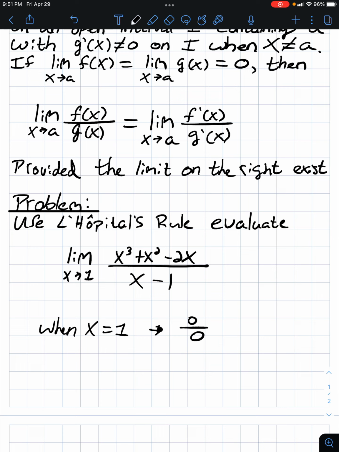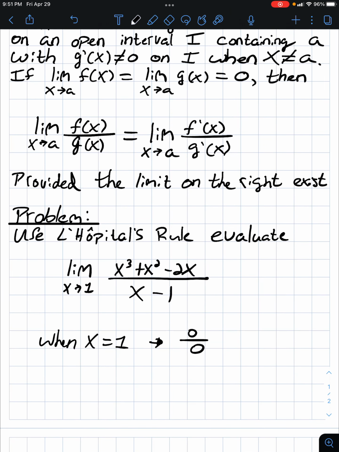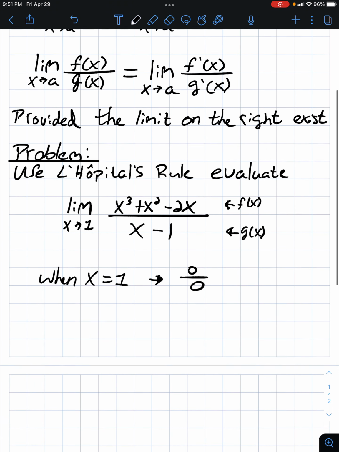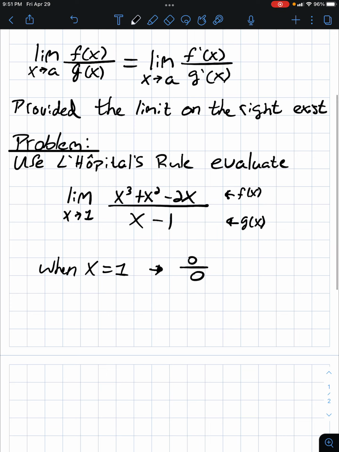If we say f of x is equal to our numerator and g of x is our denominator, all L'Hopital's rule says is that to find our limit, we need to take the derivative of our numerator and our denominator. So it will be as follows.